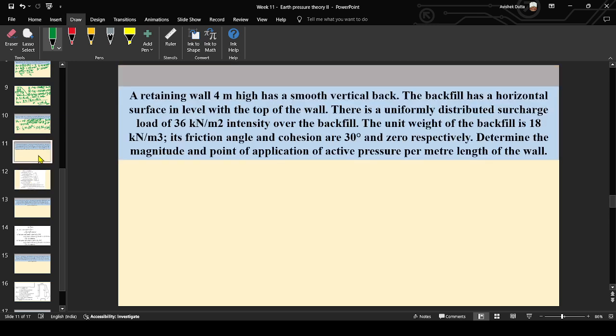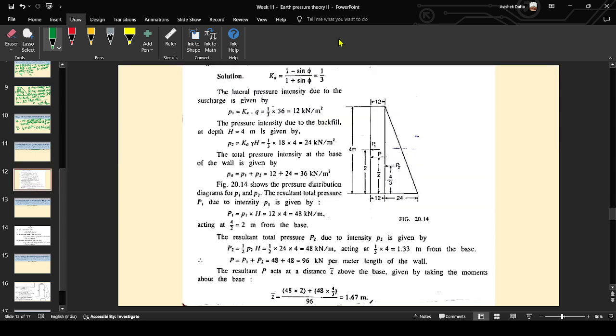So here we are asked to find out the active pressure. First find the value of Ka, the coefficient of active earth pressure: (1 minus sin phi) by (1 plus sin phi), which is 1 by 3. For the surcharge, the intensity of pressure is the coefficient times the surcharge intensity, 1 by 3 times 36, which is 12.